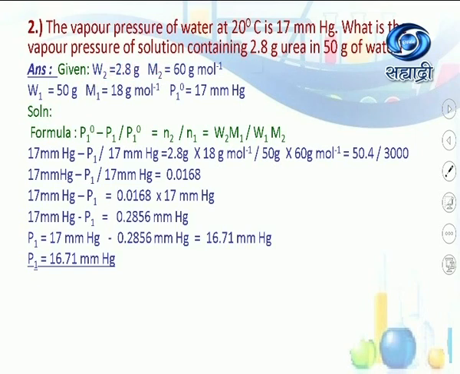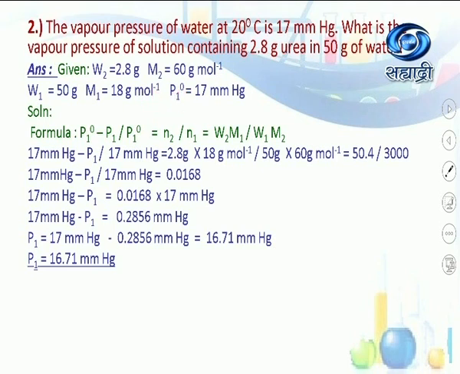Then what is M2? M2, the 2 means solute, and M means molar mass. Molar mass of the solute, urea, is 60 gram per mole. W1 is the mass of solvent, given as 50 gram of water. M1 is the molar mass of water, formula H2O, so 18 gram per mole.